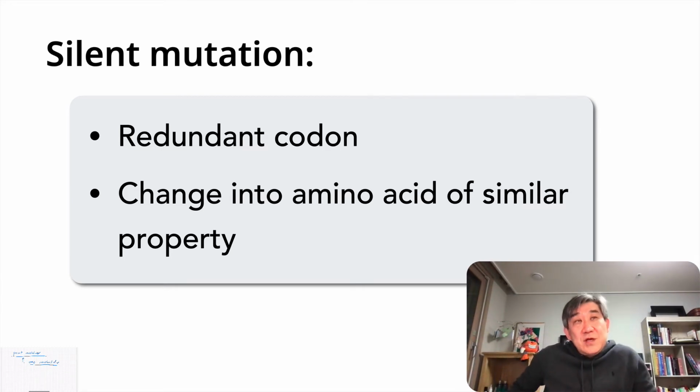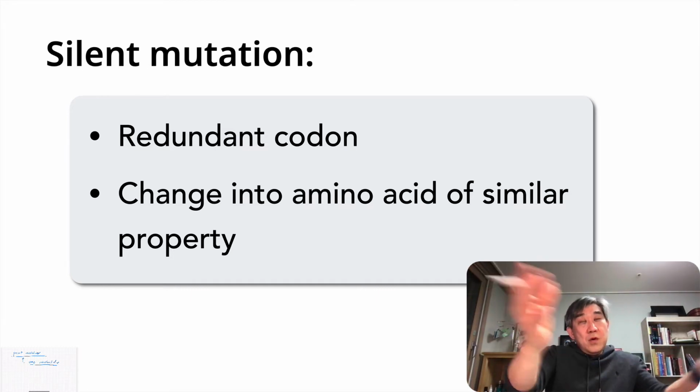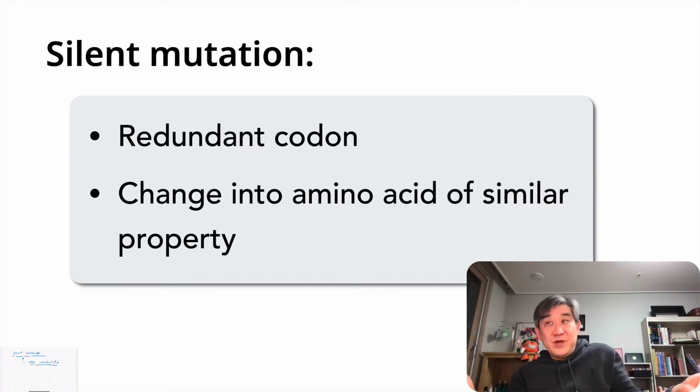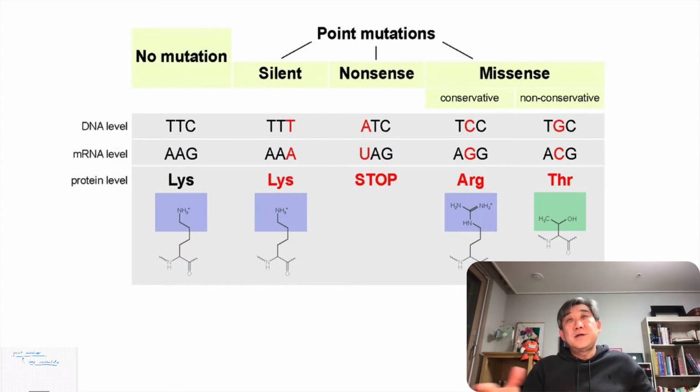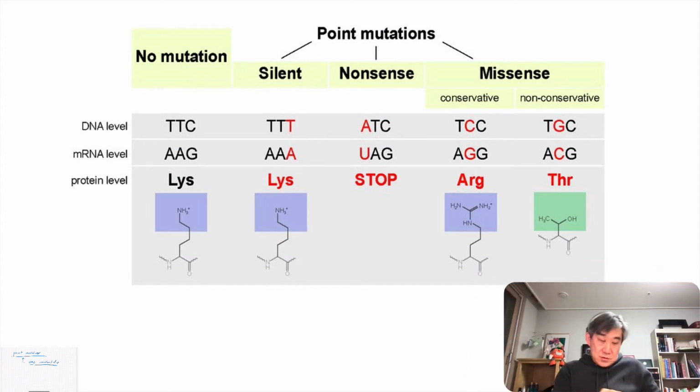A lot of times actually it does. So this type of mutation is tolerant, and maybe that is one of the rooms for diversification, making a new version of your functioning protein. So here the original, silent, nonsense and missense are summarized.